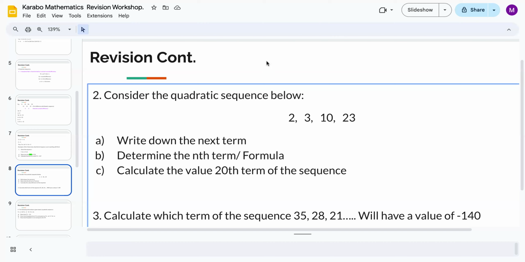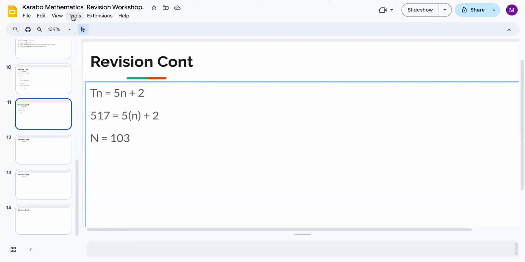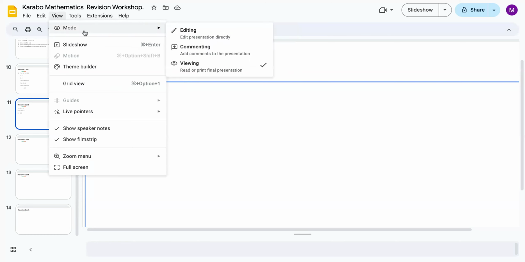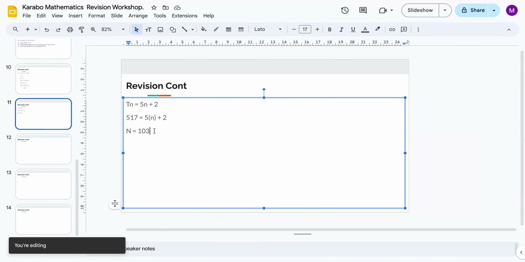Okay, guys, let's go through the question. We're given the quadratic sequence 2, 3, 10, and 23, and they're asking us to write down the value of the next term. What comes after 23? Let's go through it together. This is number 2A.